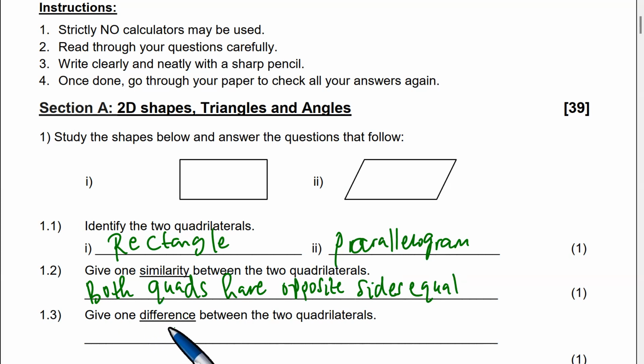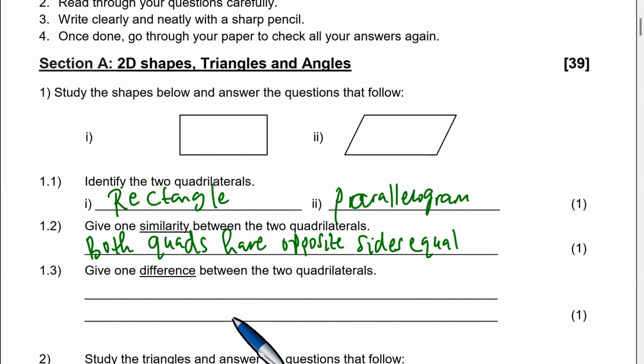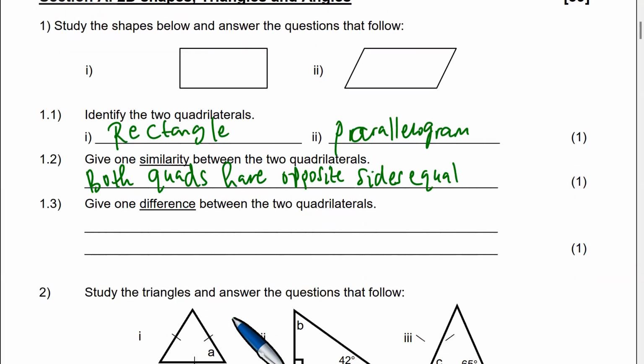Give one difference between the two quadrilaterals. What is the difference? They are not 90-degree angles. Okay, good.